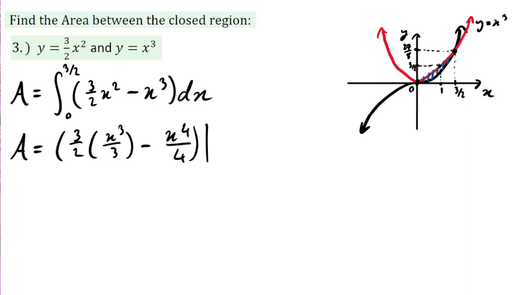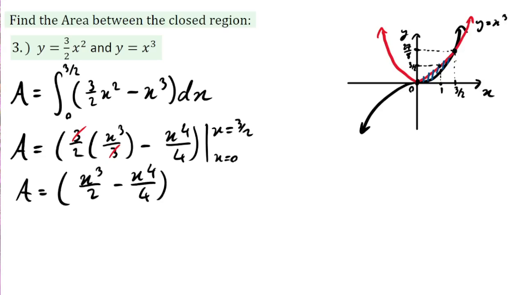Remember, the 3 over 2 is a constant, so we don't have to do anything with it. This is within the interval of x equals 0 and x equals 3 over 2. Here, we notice that the 3's can cancel, such that the area is equal to x cubed over 2 minus x to the 4th over 4, between 0 and 3 over 2.